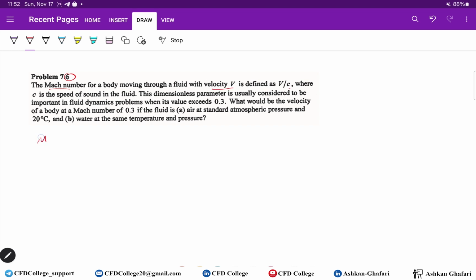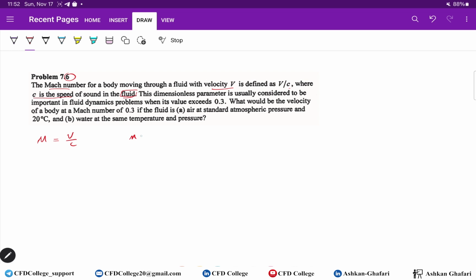So Mach number is v over c, velocity over the sound speed. c is the sound speed in the fluid, for example in any gas or liquid. This dimensionless parameter is usually considered to be important in fluid dynamics problems when its value exceeds 0.3.